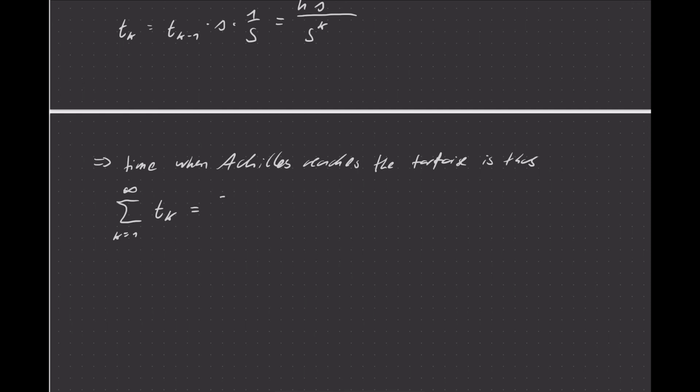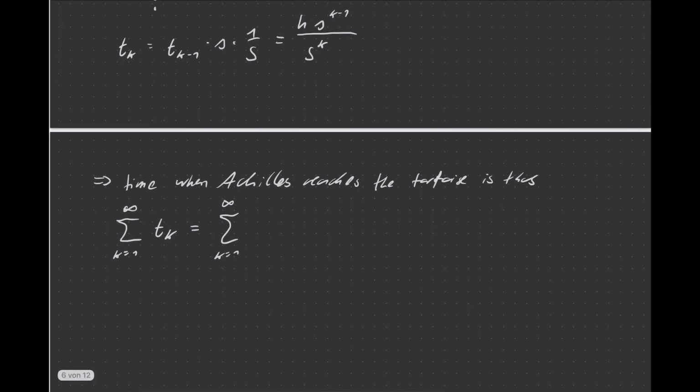So let's just insert what we know here. So our tk, remember, is hs to the power of k minus 1 over capital S to the power of k. So we can take out the h, and we also can take out one capital S, that's a constant.